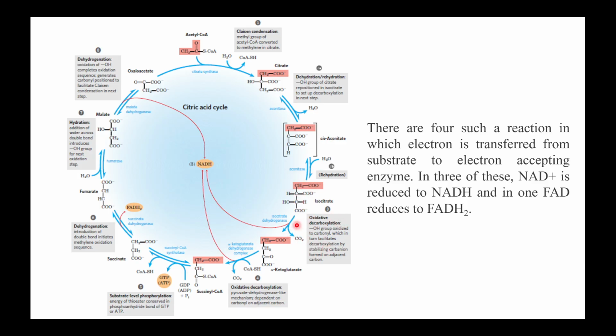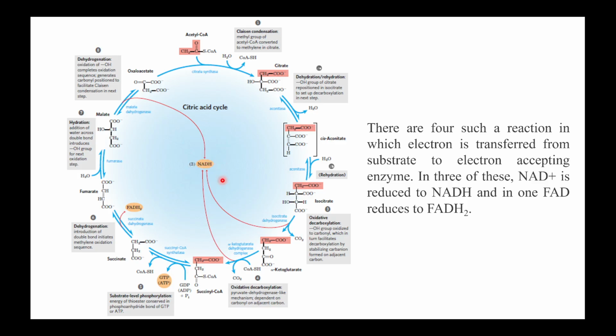It's an oxidative decarboxylation process where the terminal CO2 is removed, and we get a 5 carbon compound called alpha ketoglutarate, and this reaction yields the first NADH. Okay, so isocitrate dehydrogenase yields the first NADH.